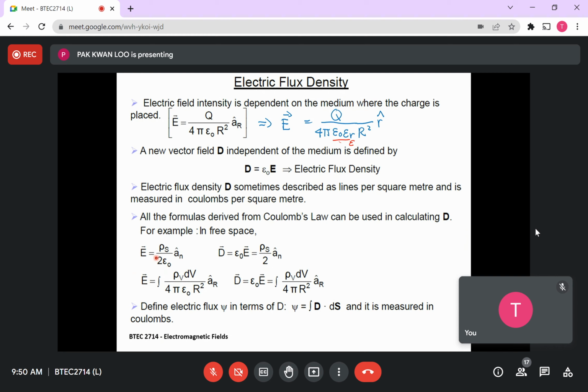Similarly, D can be represented in terms of this evaluation, however without the permittivity of free space. Therefore, here we can see that the electric flux density is independent of the medium.